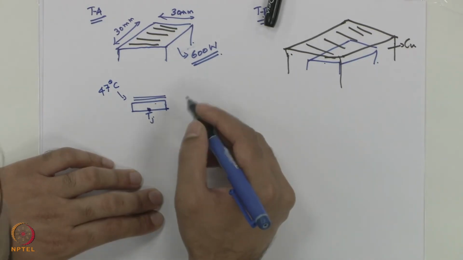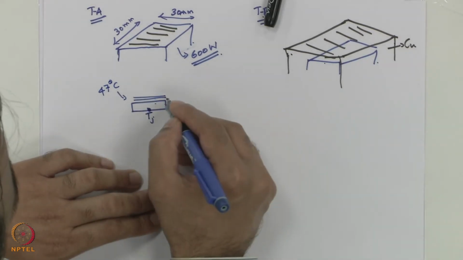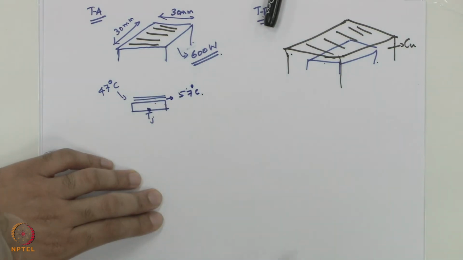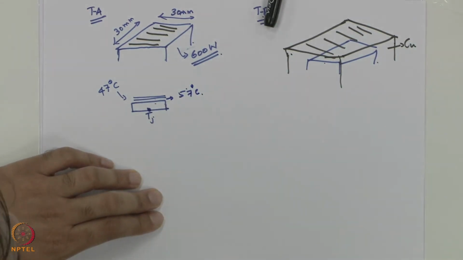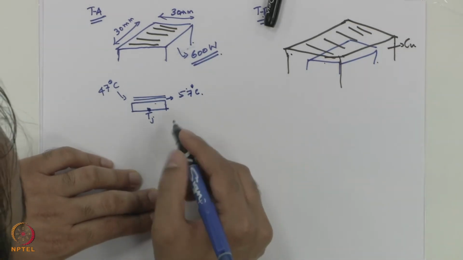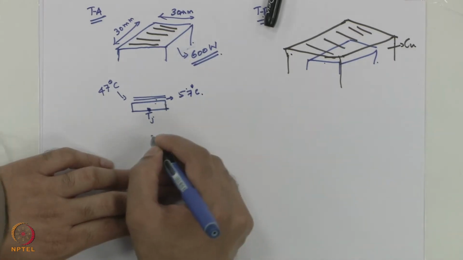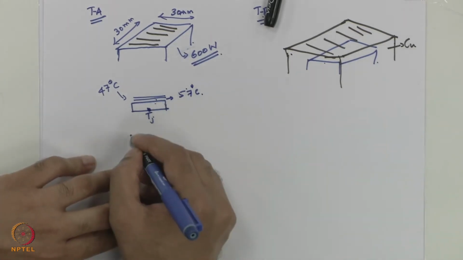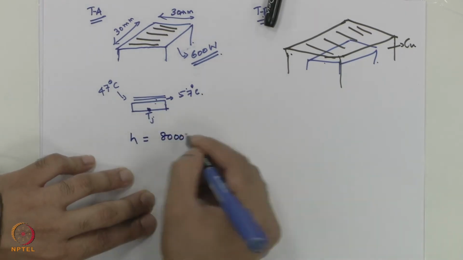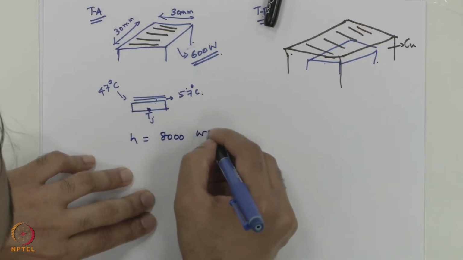And if we say that the water temperature cannot be more than 57 degrees Celsius, the goal is to figure out what is the junction temperature if the heat transfer coefficient for both the cases is 8000 watt per meter square Kelvin.